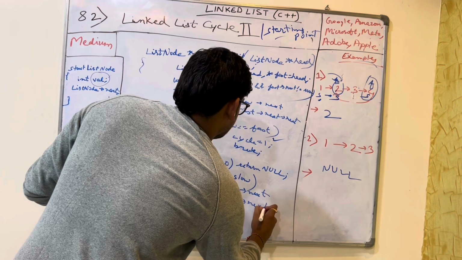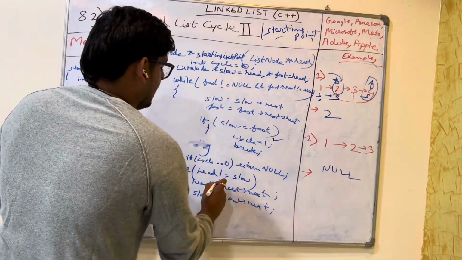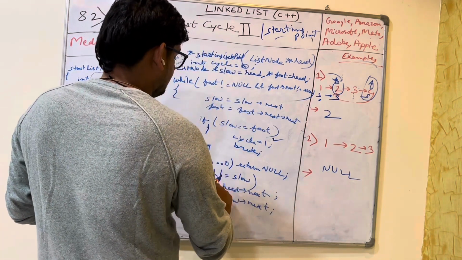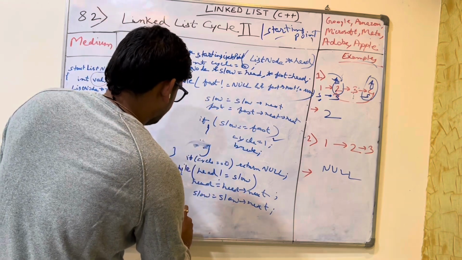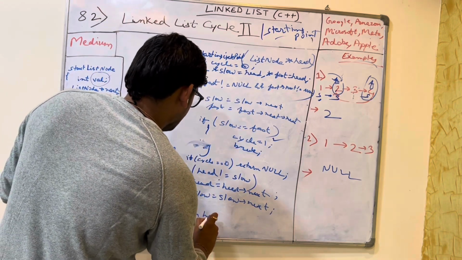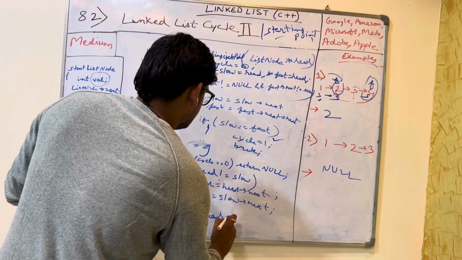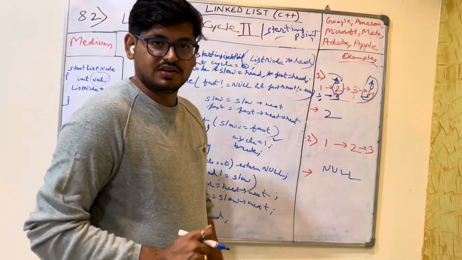And when we see that the head and slow are equal, this will break and then we will return head or slow, and that would be the starting point of the list.